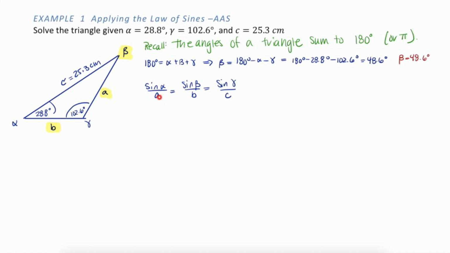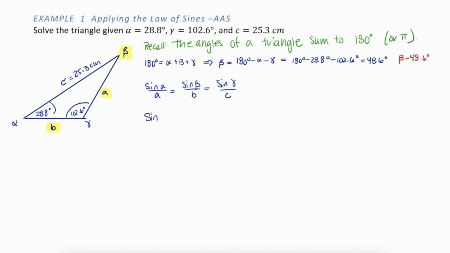We want A to be the only unknown, so let's choose whichever one of these we know both the side and the angle for. For beta, I know the angle of 48.6 degrees, but I don't know the side length, so let's not use beta. But for gamma, I know both the angle of 102.6 and I know that the side length is 25.3 centimeters. So let's use gamma.